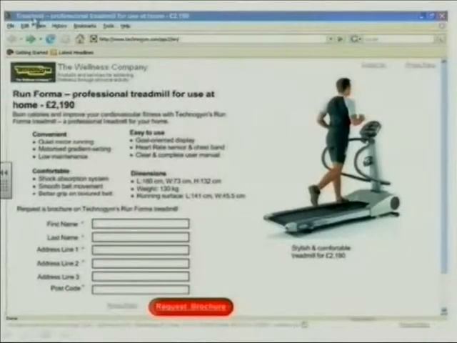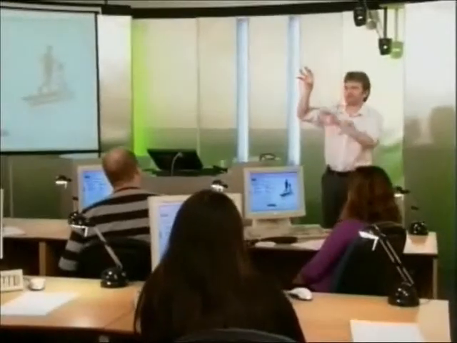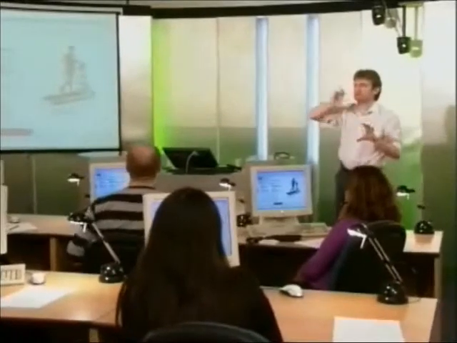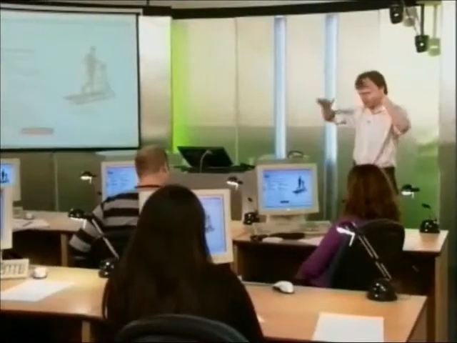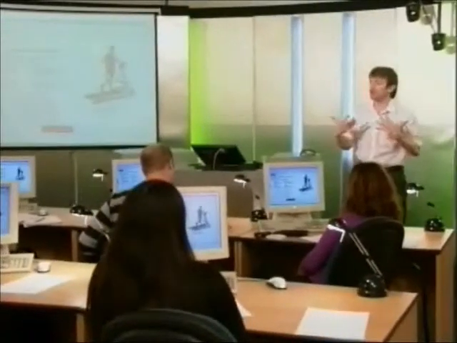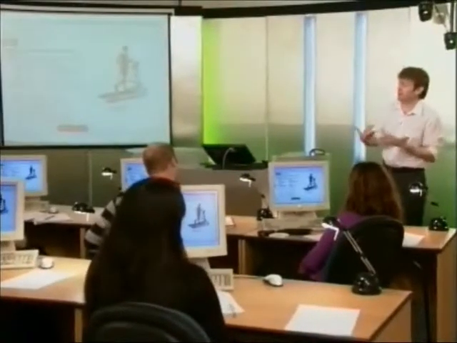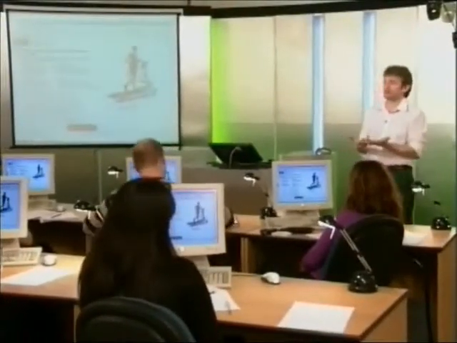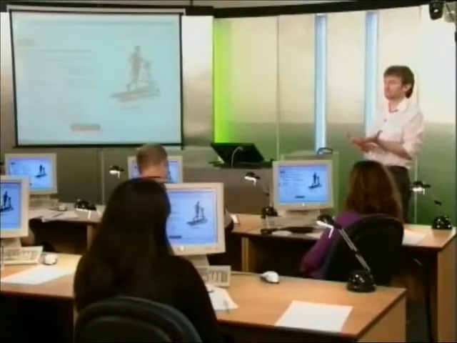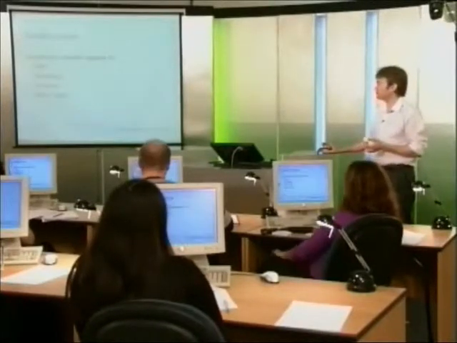So if this is treadmill, it should appear here. It should appear here, treadmill. It should appear in the content. And that will then let Google know that this page is indeed relevant to the advert, which was relevant to the key phrase, which then means that your quality score goes up, the price you have to pay comes down, because you look like a well-run campaign which is going to be giving good adverts to people that they actually are interested in. And Google will reward you for that.